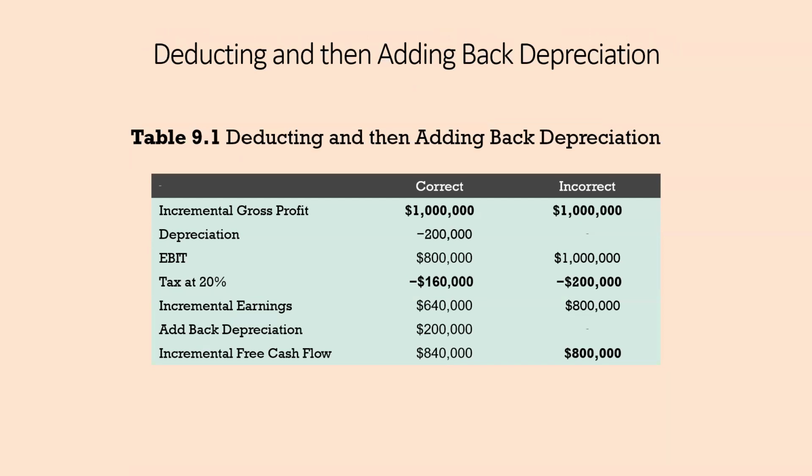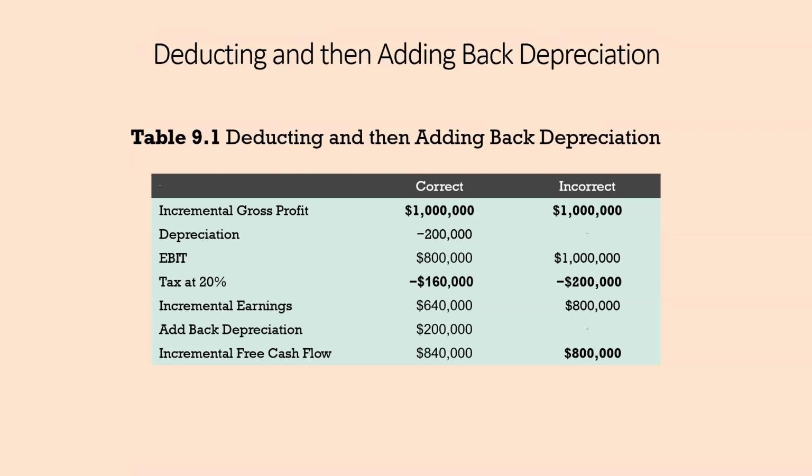For instance, let's look at Table 9.1, deducting and then adding back depreciation. So we have a project with an incremental gross profit of $1 million and a $200,000 depreciation expense.